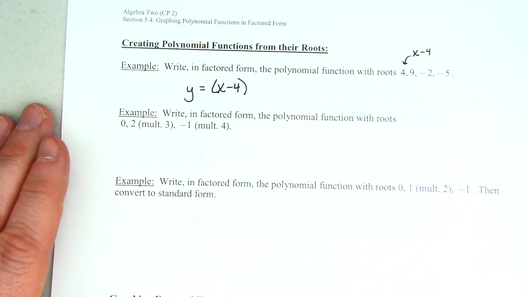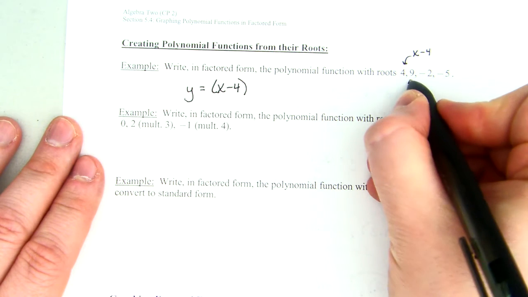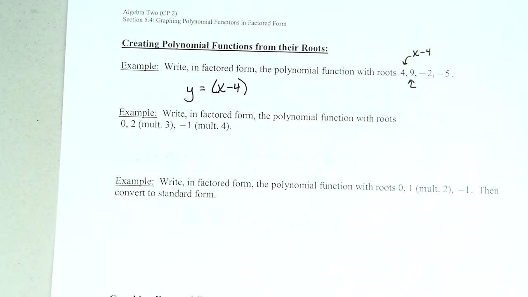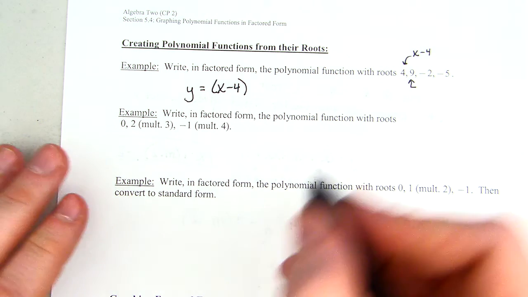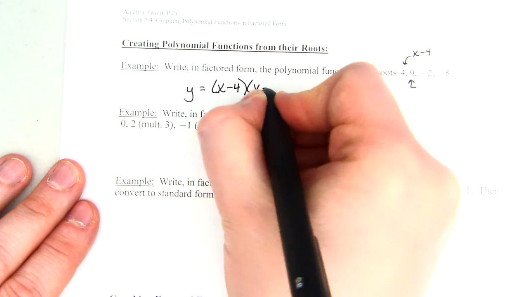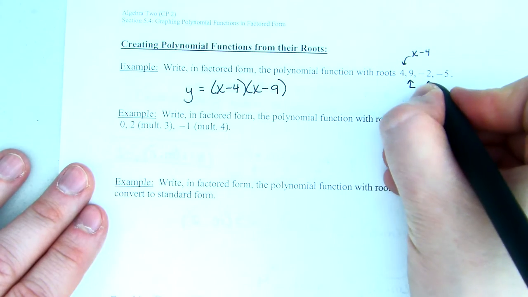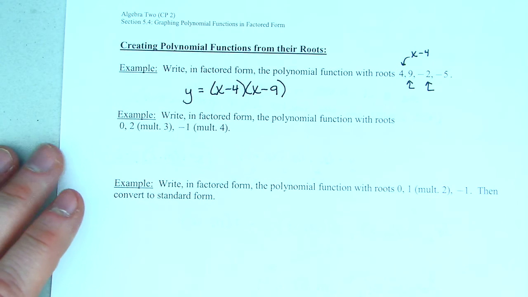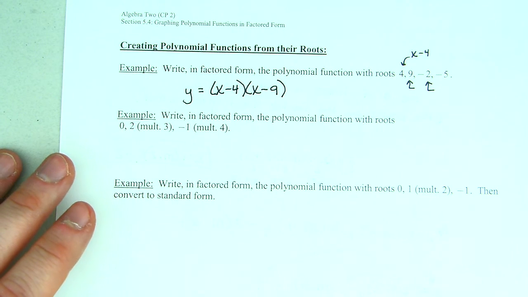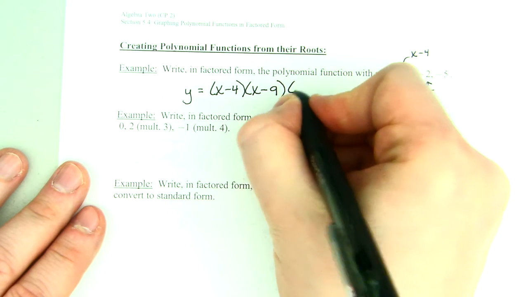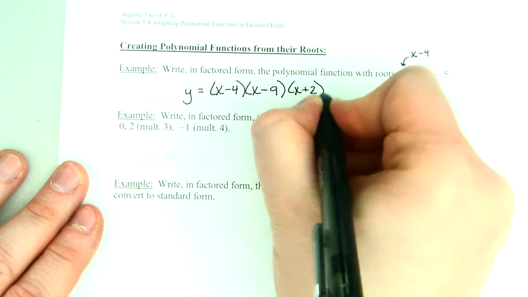Next, I need a little factor that will give me 9 for a solution. What little factor would give me 9 for a solution? I hope you typed in x minus 9. Okay, next. What little factor would give me negative 2 for a solution? I hope you said x plus 2.